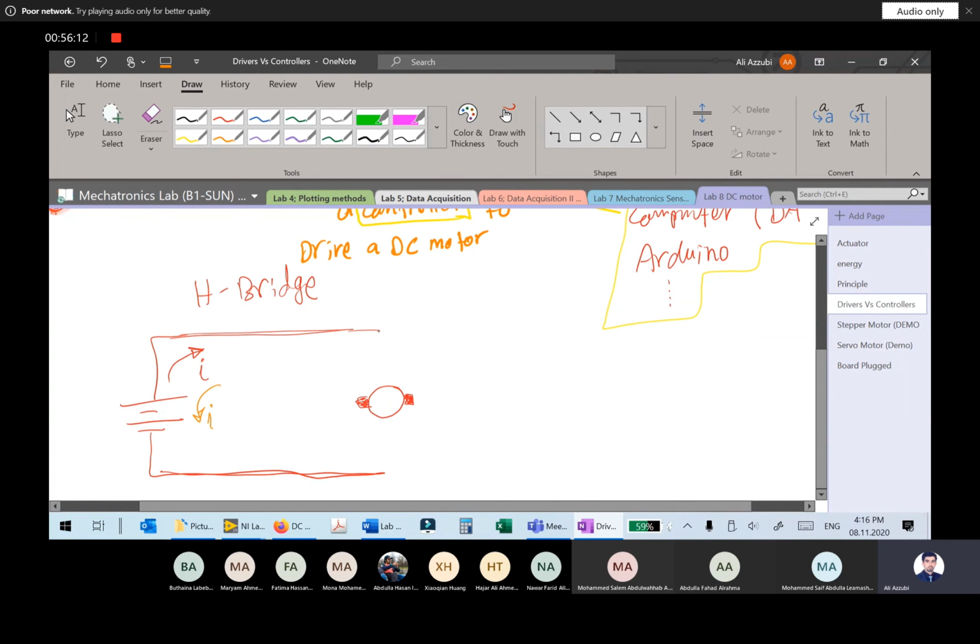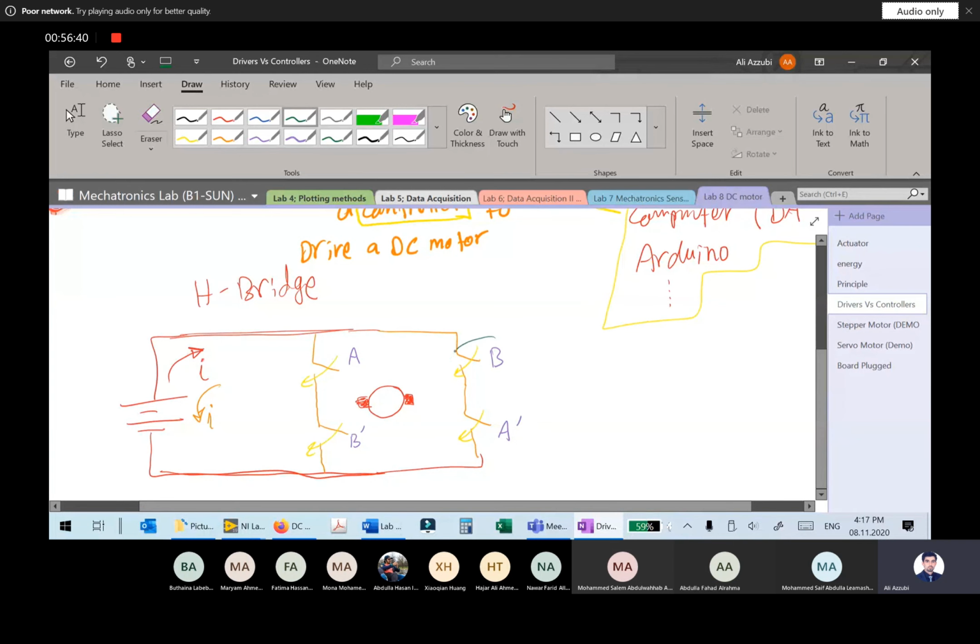Okay, and imagine that you have one switch like this and another switch like this. Now all of these are switches. You can close them and open them, let's say manually for now. Let's say this is A, B, B prime, A prime.